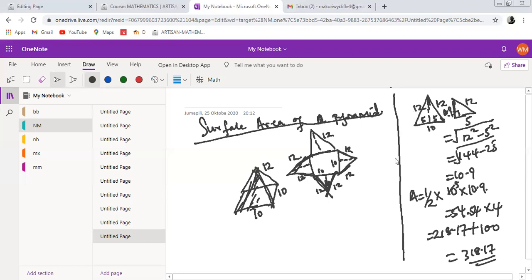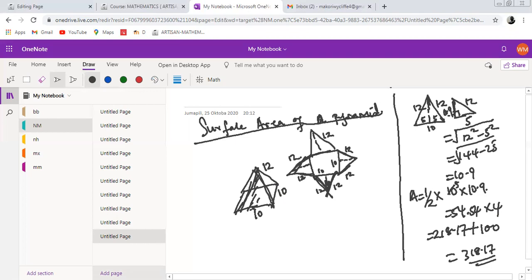So if it is a square, all the triangles are going to be the same. You simply get the area of one triangle as we did here, then multiply by 4 to get the total area of all the 4 triangles, plus the area of the base, which will give you the total surface area for that particular pyramid.